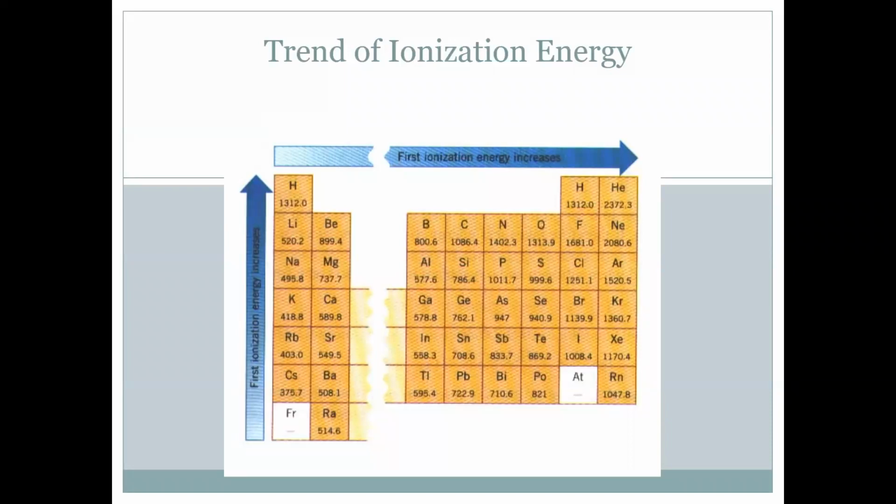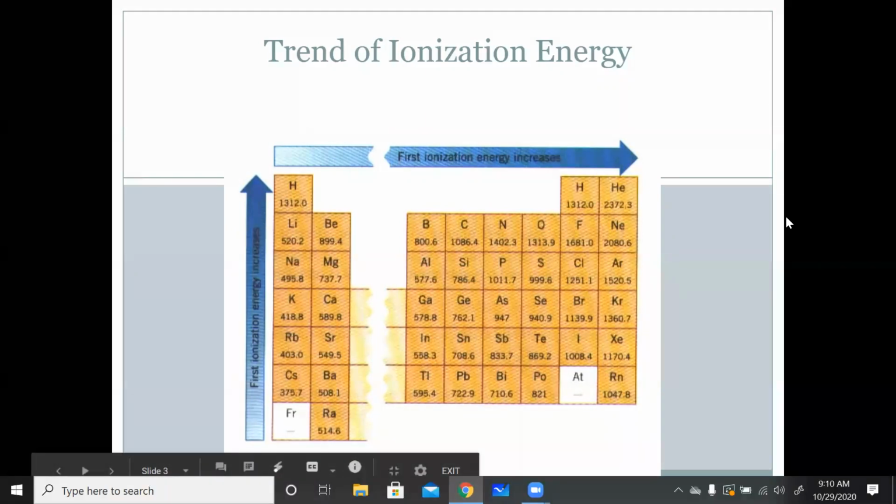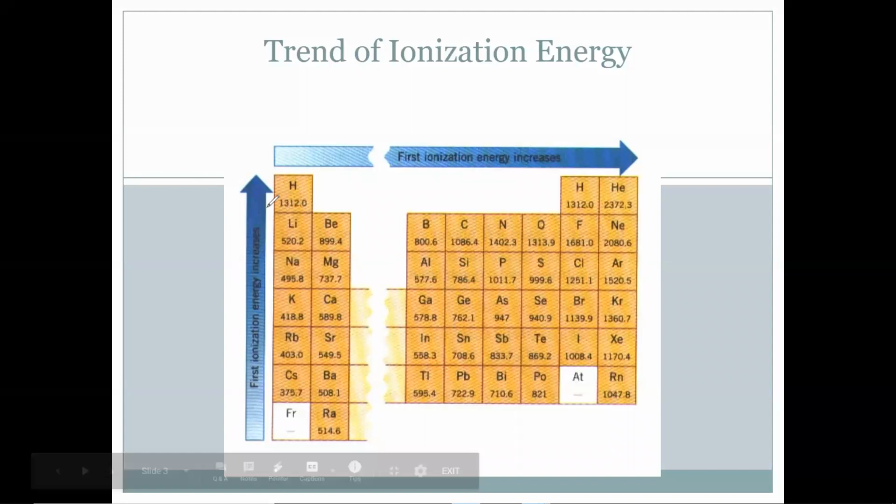The trend of ionization energy is this. You see that from the bottom of the periodic table to the top of the periodic table, ionization energy increases. What that means is when you are talking about hydrogen, it would take more energy for hydrogen to turn into an ion than it would for lithium to turn into an ion.